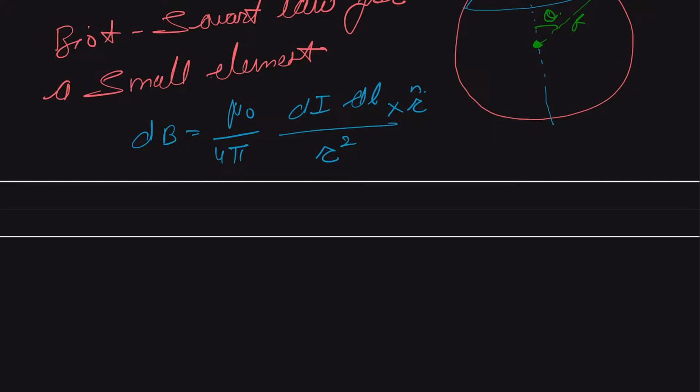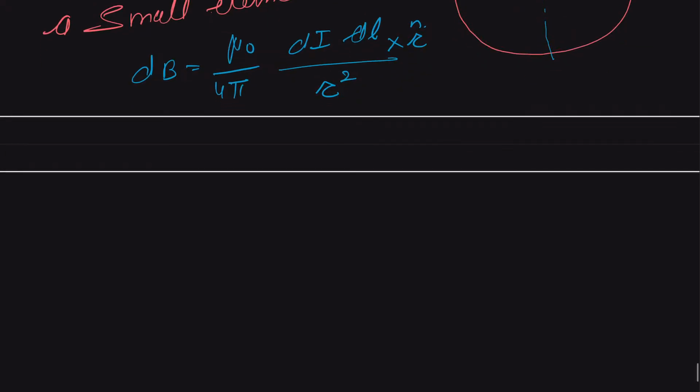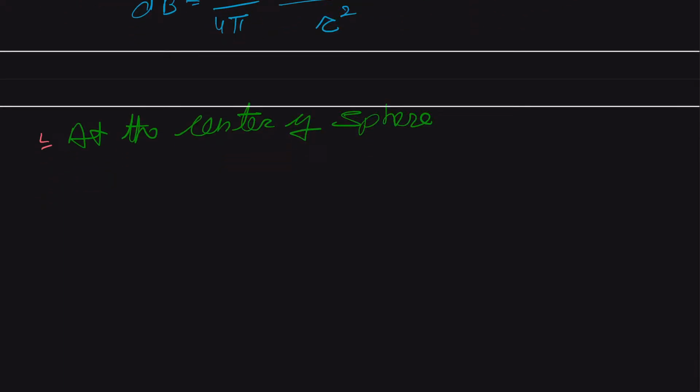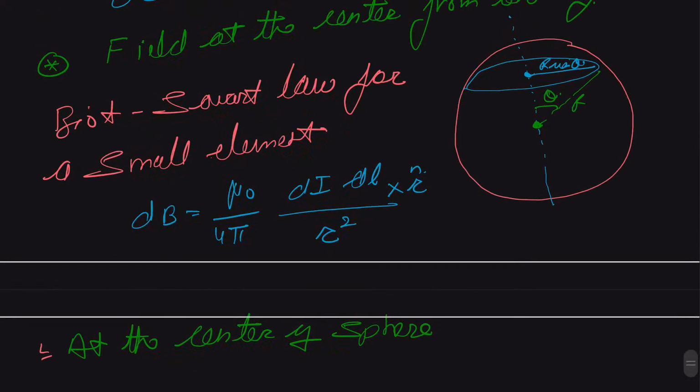We can easily see that at the center of the sphere, small r will be equal to nothing but our capital R, because the distance of any point on the ring to the center is always going to be our capital R.